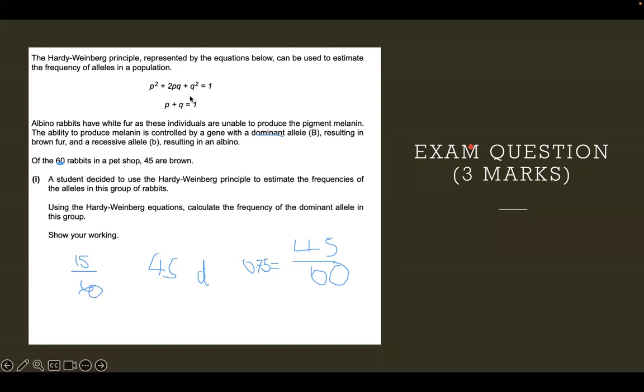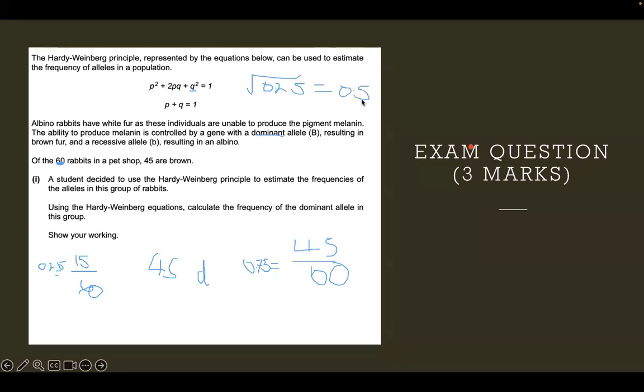And so that would be 0.25. Yeah, and that's representative of the q squared here. So we do the square root of 0.25. Sorry, guys, this is bad handwriting from me. And that would equal 0.5.